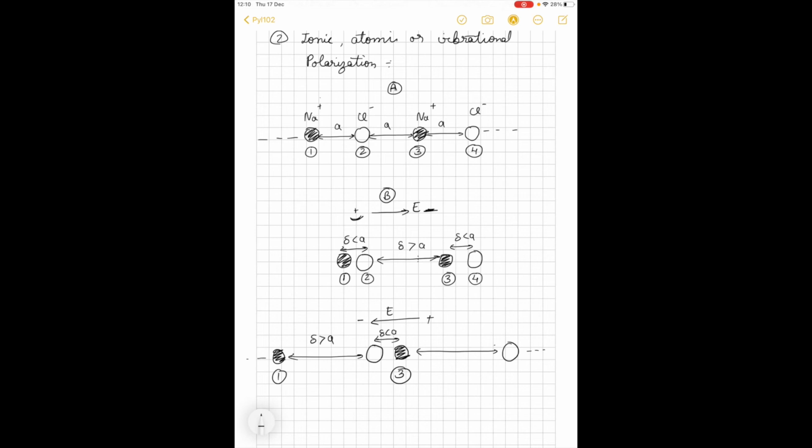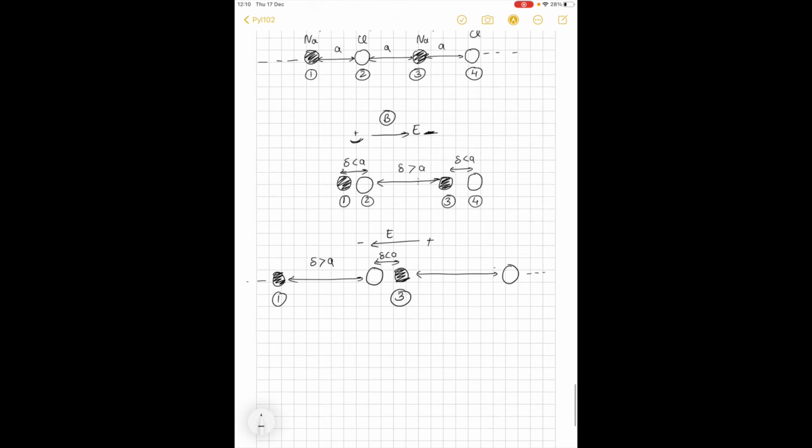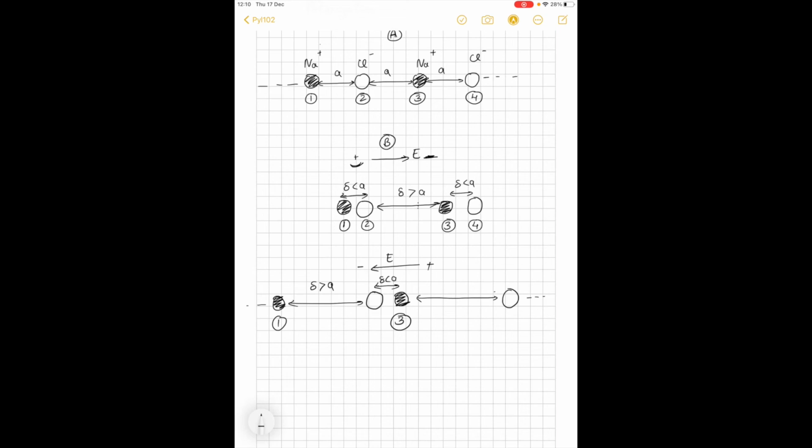Okay, and you yourself can clearly depict what will be the position of the anions and cations in the system once you apply the electric field in whichever direction. So this is more or less what is called the ionic polarization.